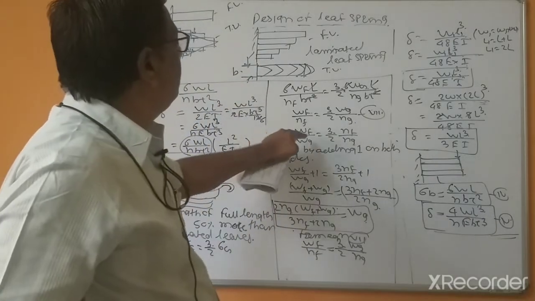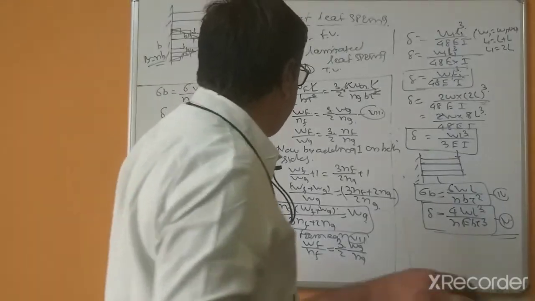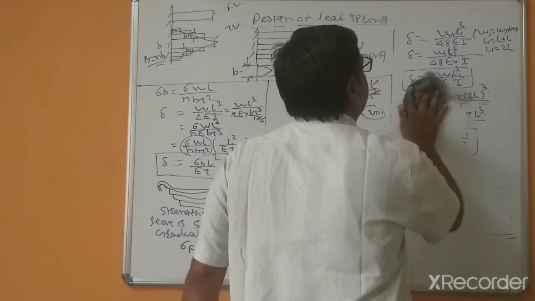In the previous case we multiplied by NG and WF; now we will multiply by WG and WF.